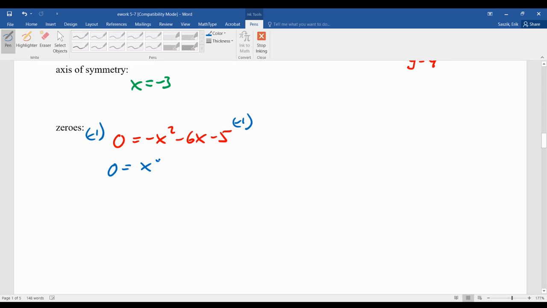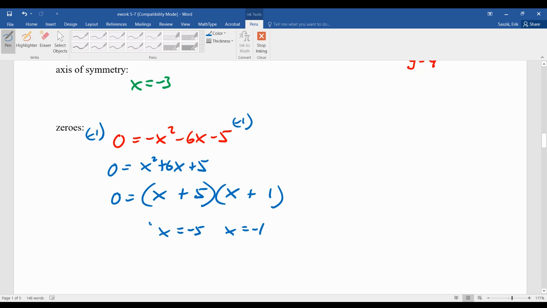So now the signs all change here on the right. Okay, we can factor this. Whoops, that should say squared. Sorry about that. X times x, 5 times 1. Everything is positive. So our answers are -1 and -5. Remember, those are the x-intercepts.